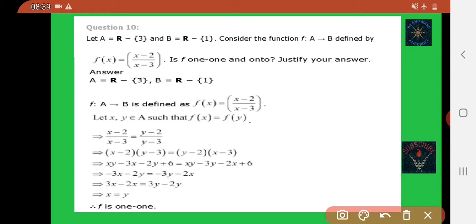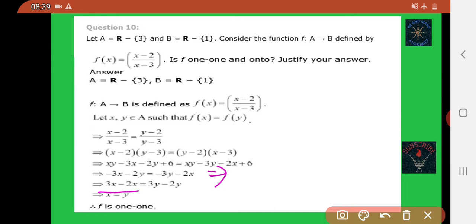Okay, now you take the term which contains x to one side and the term which contains y to the right side. Okay, so you get minus 3x minus 2y is equal to minus 3y minus 2x.